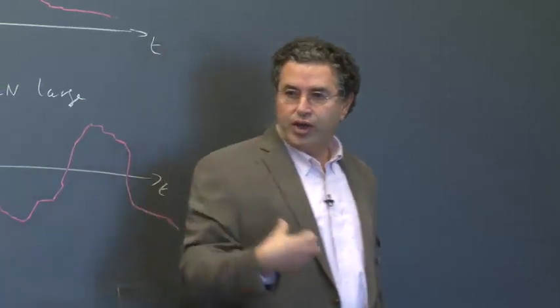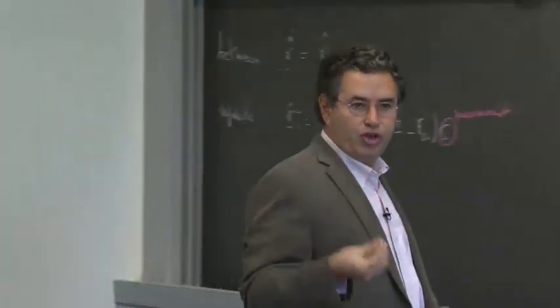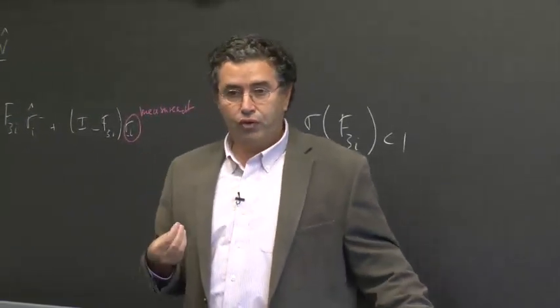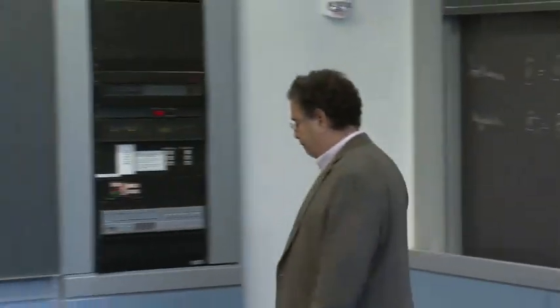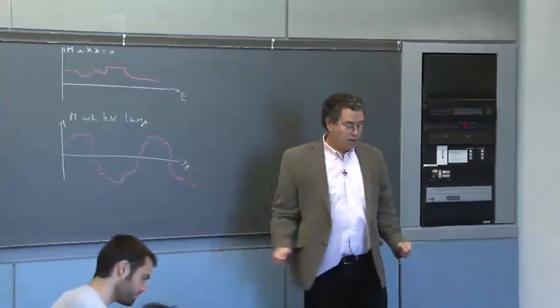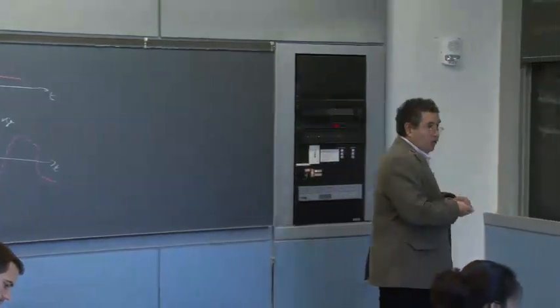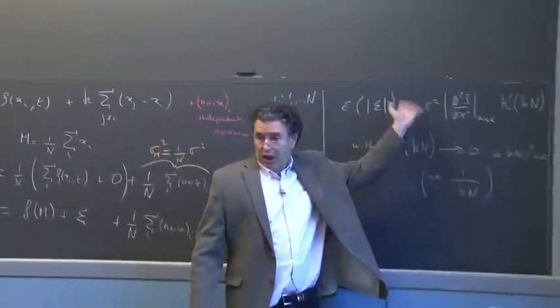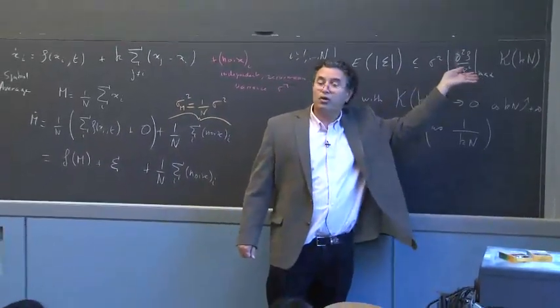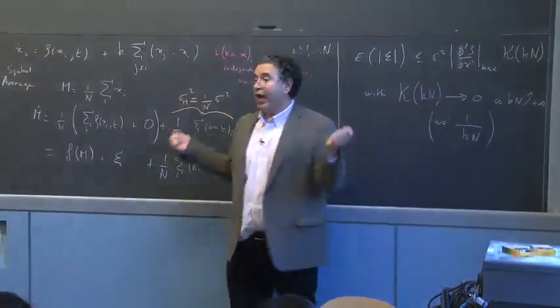Synchronization between these systems is a way to recover the noise averaging properties of individual systems, and in very computable ways. You can say exactly how this will depend on noise and on the function, the nonlinearity itself, and on n and on k.